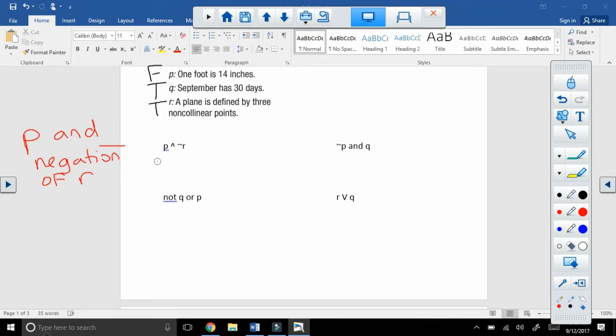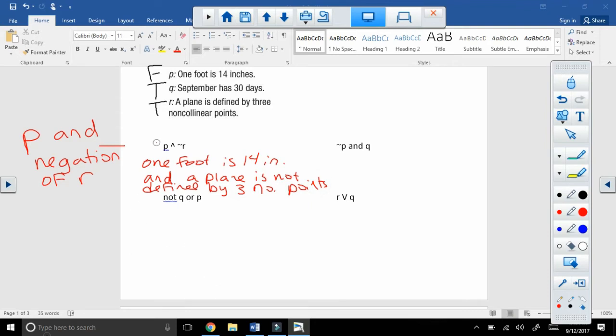So as I read through, this would say 1 foot is 14 inches, and the negation of P, a plane, is not defined by 3 non-collinear points. Okay, just kind of abbreviating that quick.